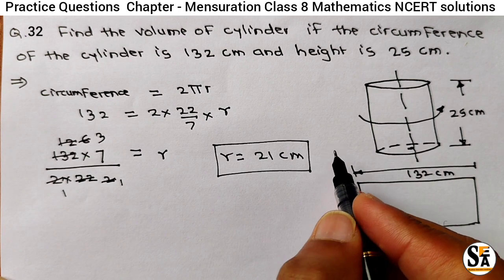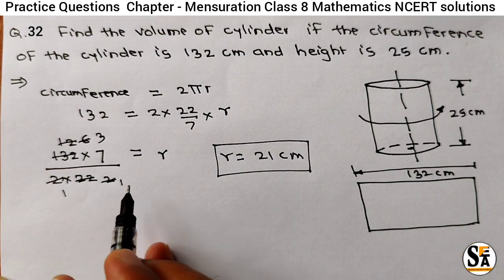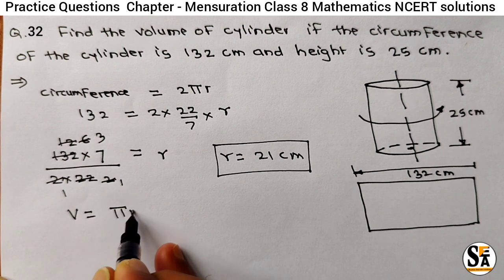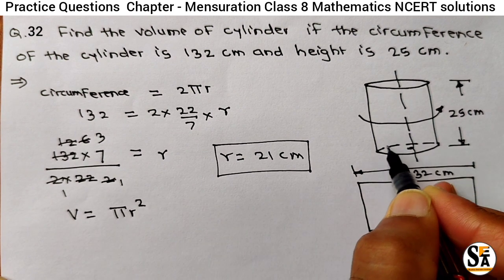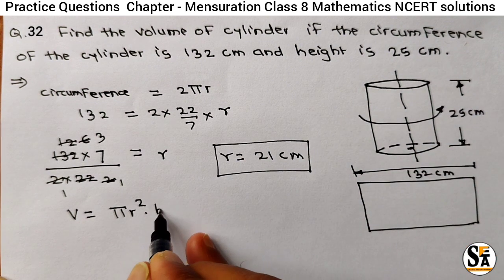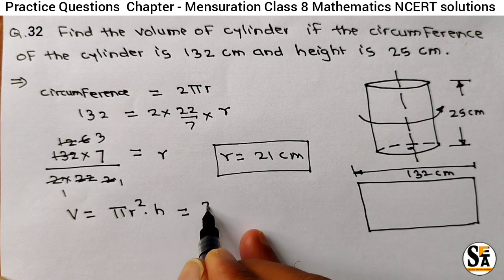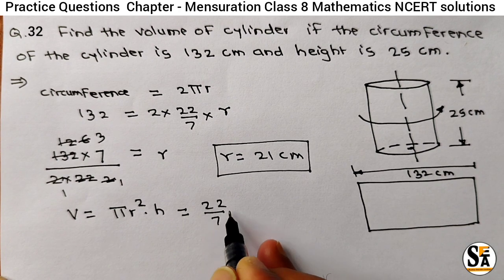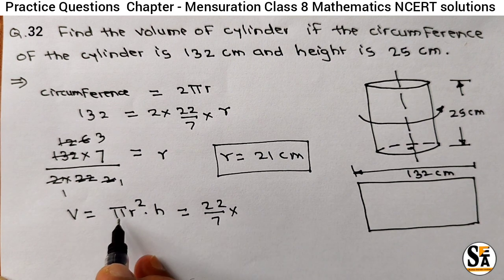Now we can calculate the volume of the cylinder because we know the formula. V is equal to pi r square, that is base area, into height h. So put the values. Value of pi is 22 upon 7. Why are we taking 22 upon 7?